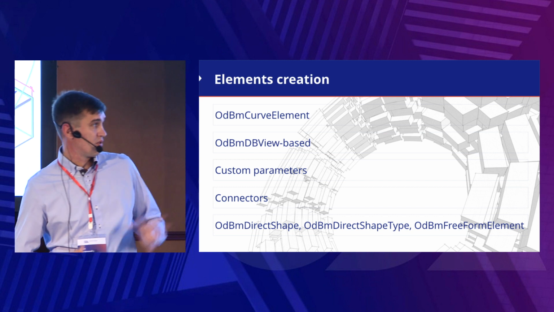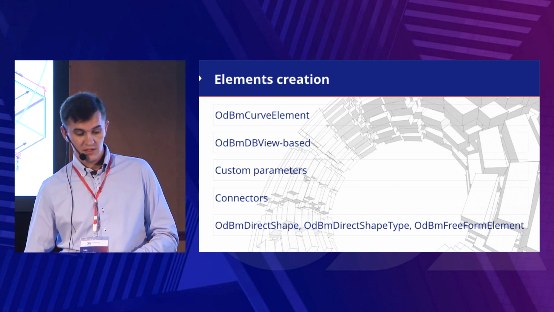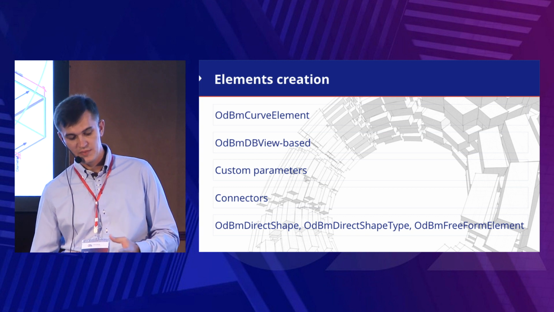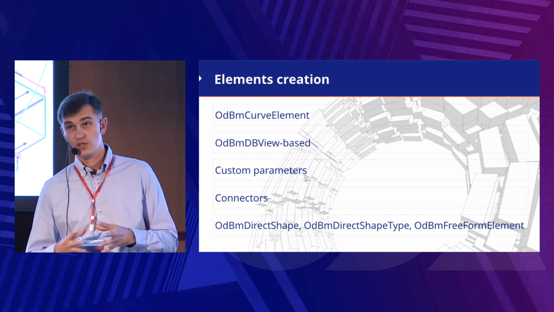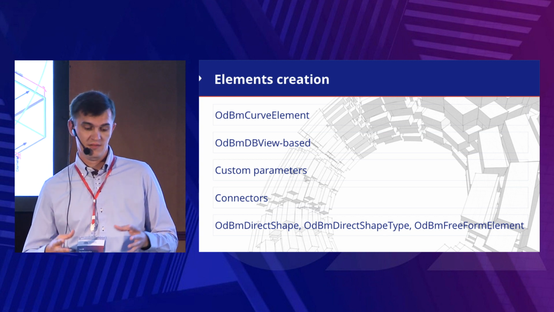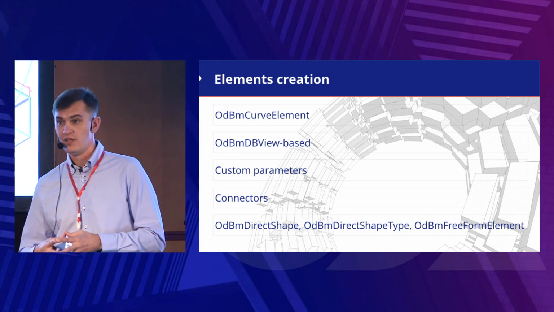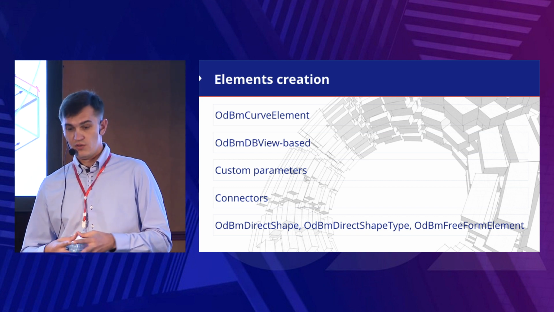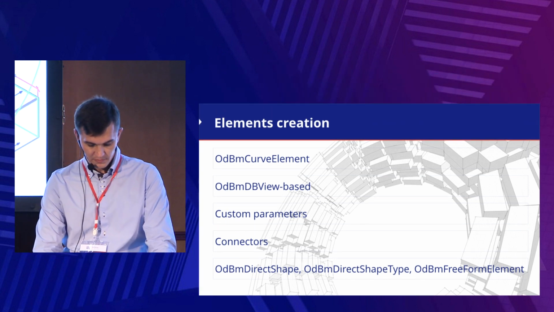An example you can see in the middle of the screen is a direct shape, and direct shape type is an element which is used by a set of direct shape elements for sharing some general parts. So geometry can also be shared through the direct shape type in the model file.